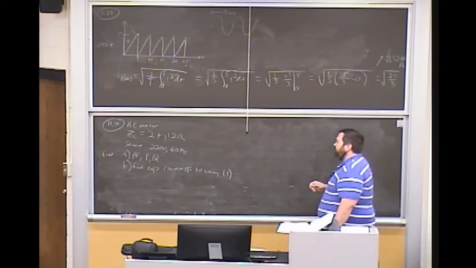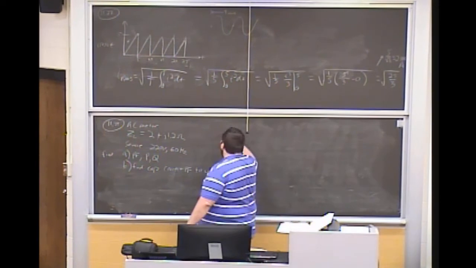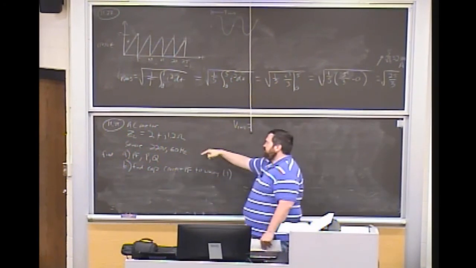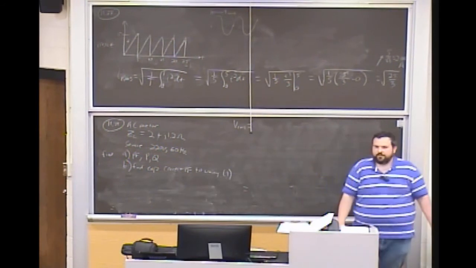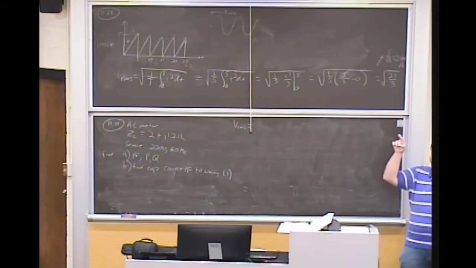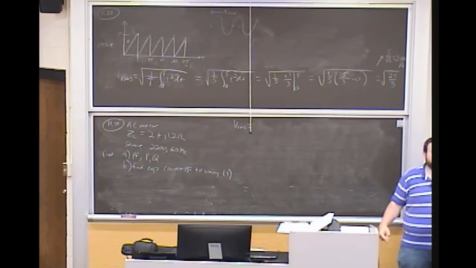So my VRMS, if we know this is a sinusoid, what is the RMS? Anybody remember? Works out to the peak divided by what?